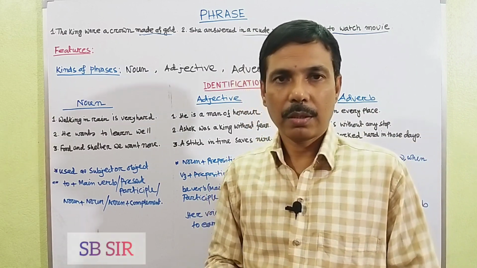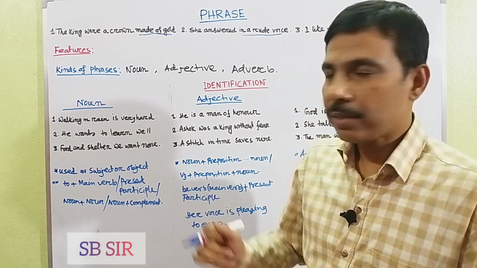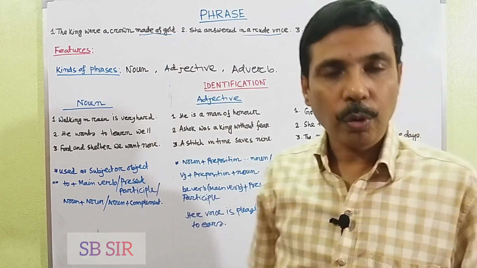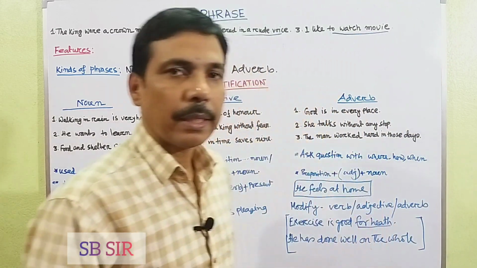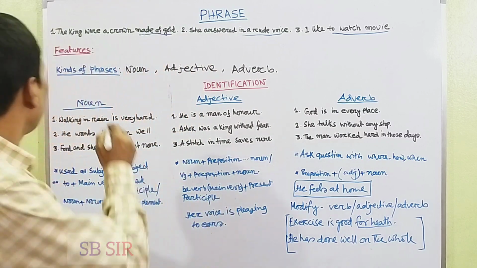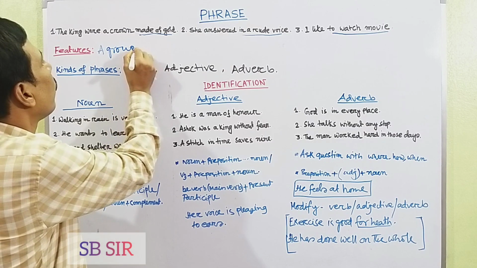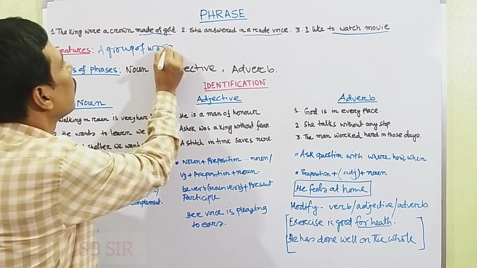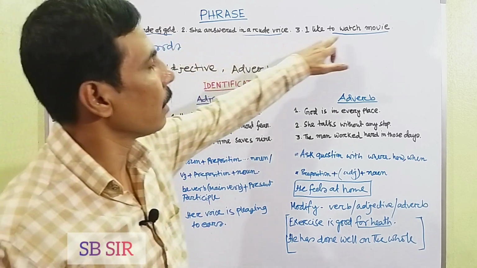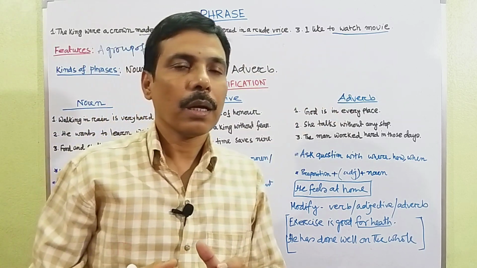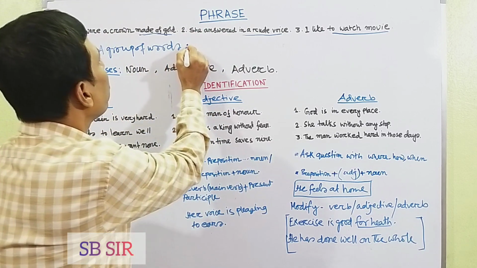So if we conclude what phrases are, first, we can identify that a phrase consists of more than one word. That means at first I can write: a group of words. Look at these examples. They consist of a group of words with a meaning.